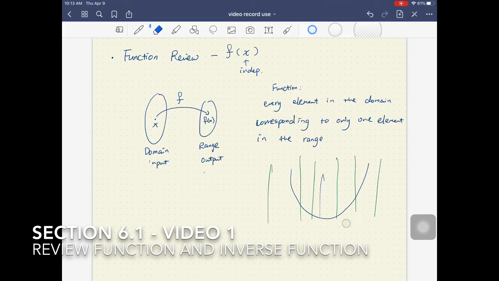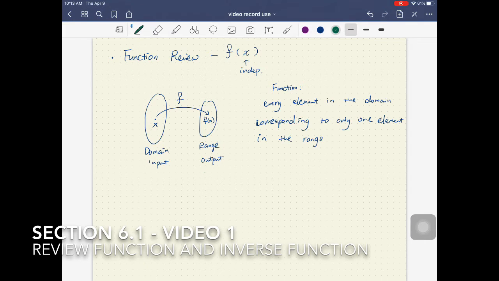Now when we're talking about the inverse function, what we're thinking about is the return trip from the original range back to the original domain. For the inverse function, the original range is the domain, which is the input.